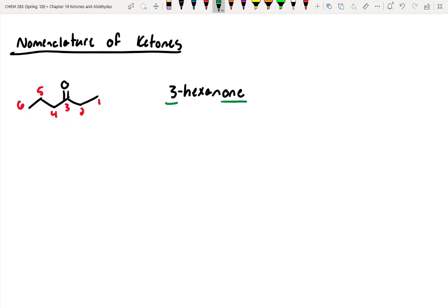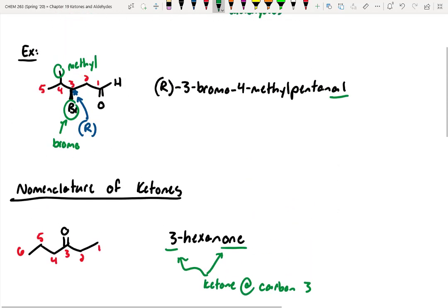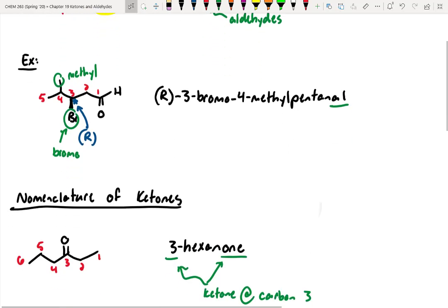So really what this means is that we have a ketone at carbon 3. That indicates where the CO double bond is going to be. With an aldehyde, we don't have to worry about that numbering because an aldehyde is always going to be at position 1 in this case. So we don't need to worry about indicating that it's presumed to be at number 1.